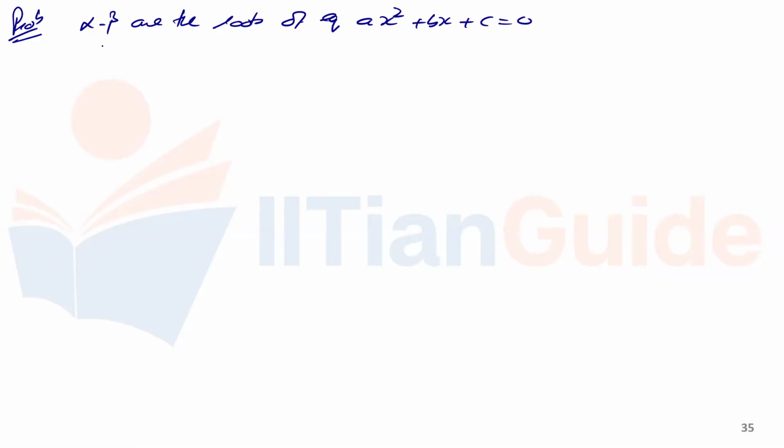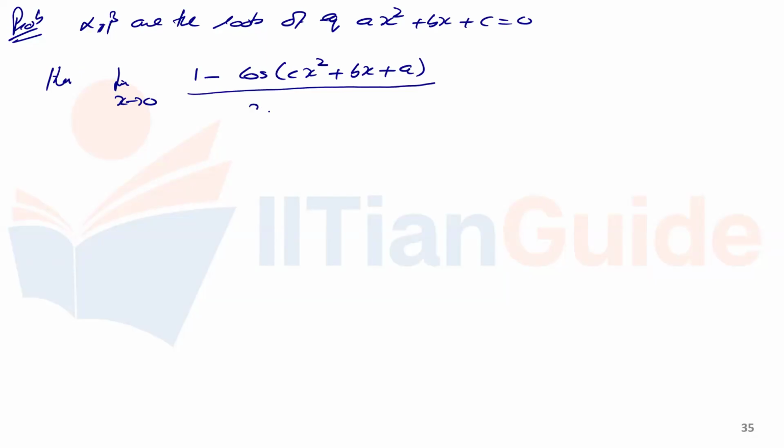Then alpha and beta, then limits x tending to 0, 1 minus cos cx square, जैसे मैंने गलत लिख दिया, प्लस bx प्लस a डिवाइड बाई x minus 1 by alpha.